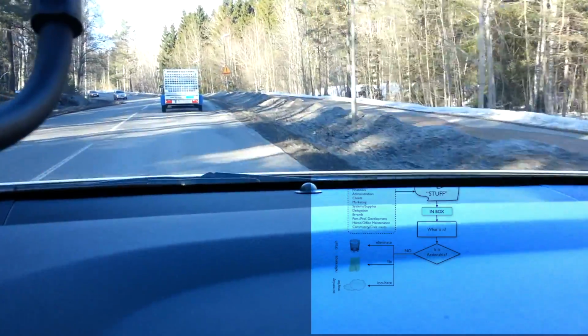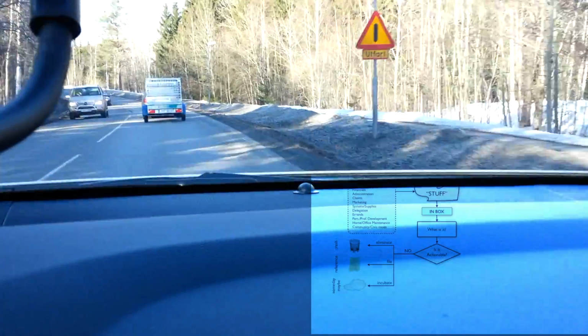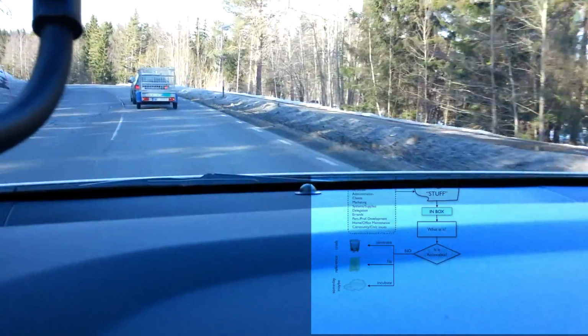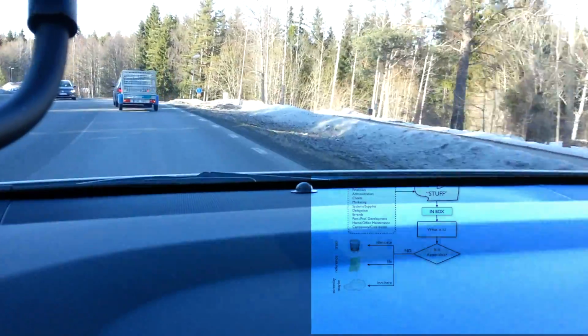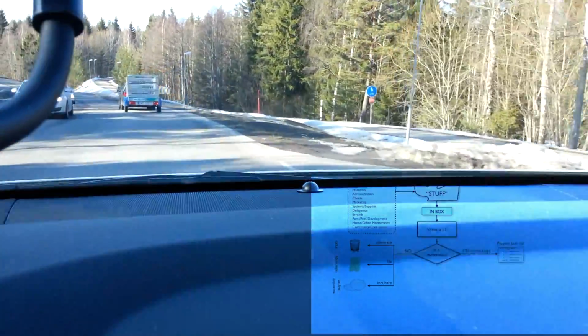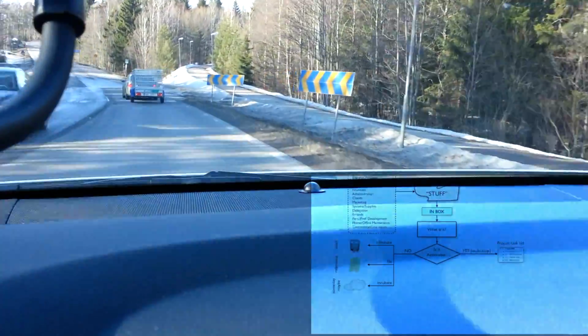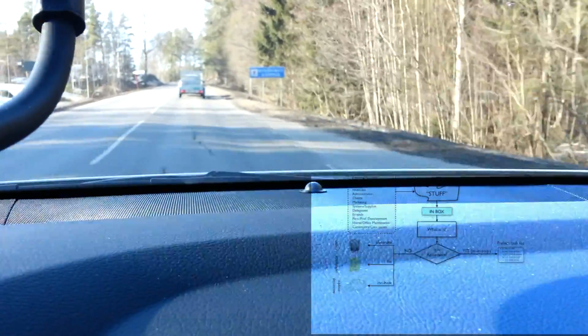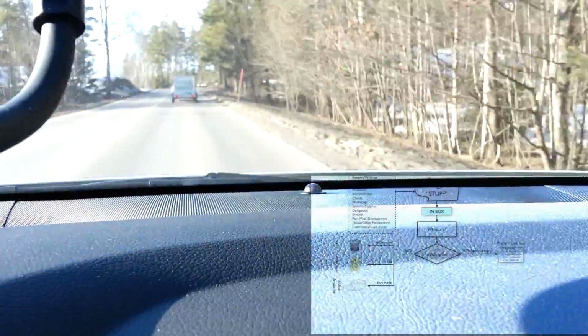That means that no calls, no email, no notifications at all go through to me. The only notification that goes through to me is from my calendar. That is the only notification I get.